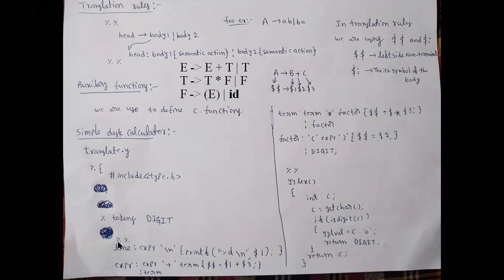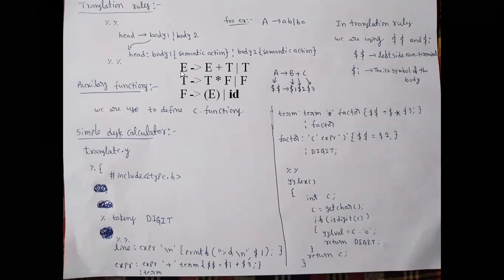Then the percentage. What does this percentage mean? It is the starting of the translation rule section. So this is the given example. E produces E plus T or T, and T produces T star F or F, and F produces open parenthesis E closed parenthesis or ID.